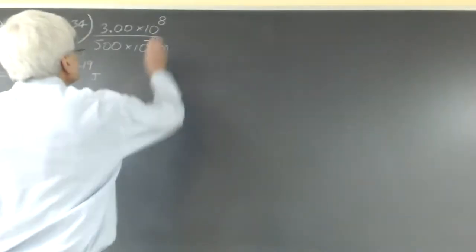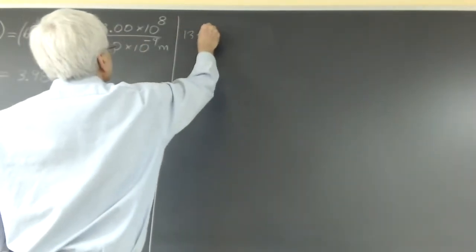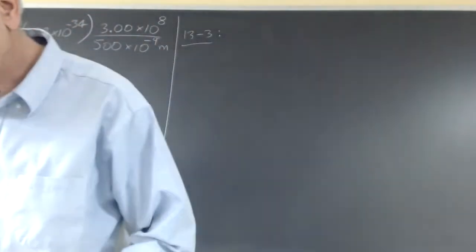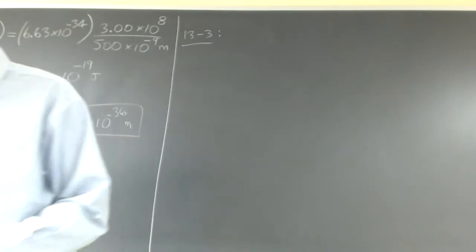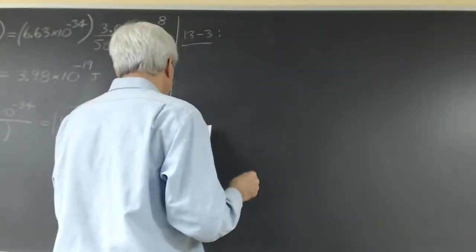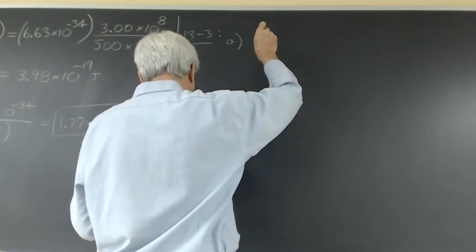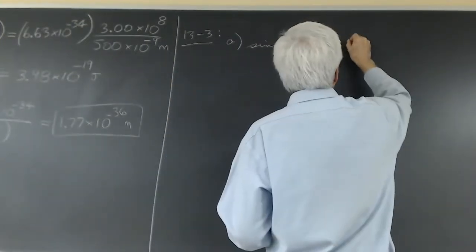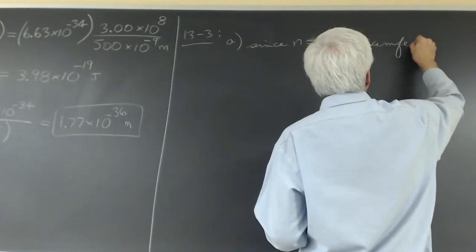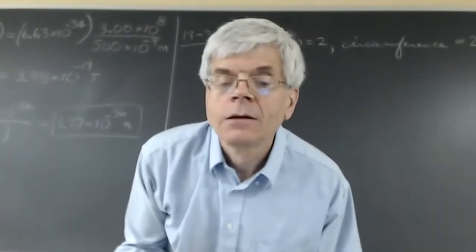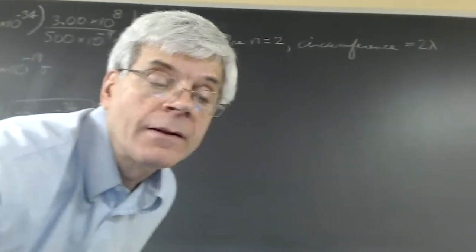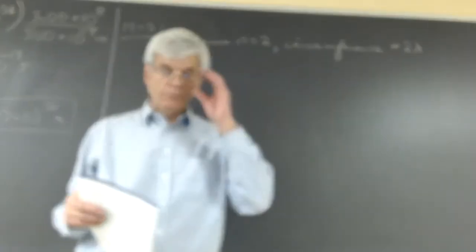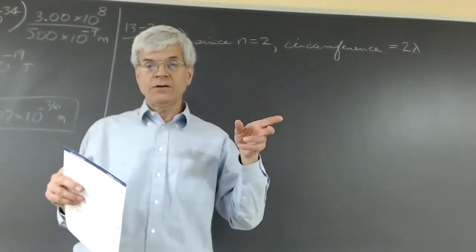Okay. Part A. N equals 2 means the circumference of the electron's orbit is equal to 2 wavelengths.